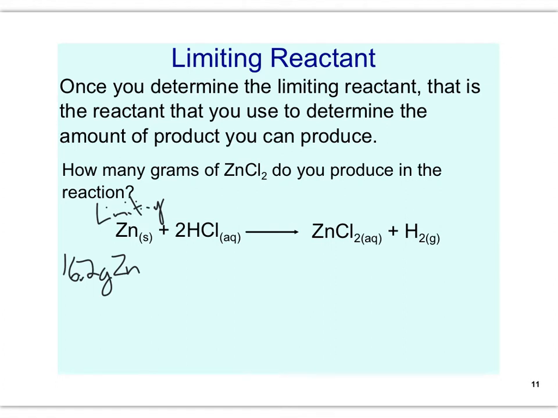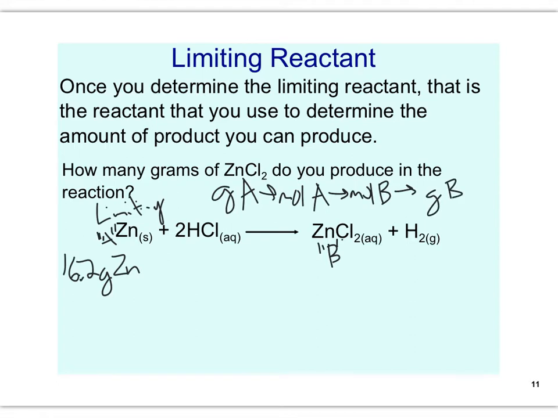But now, if we wanted to just solve for how many grams of zinc chloride you produce, it's literally the exact same process. You still just follow those grams of A, which in this case, zinc is going to be our A again, converting to moles of A, converting to moles of B. And in this case, zinc chloride is going to be our B, and then we just convert that to grams of B. Because again, just like in the other questions where if I take zinc and I solve for hydrochloric acid, it's telling me to use up every last bit of zinc, that's telling me how much hydrochloric acid I would need.